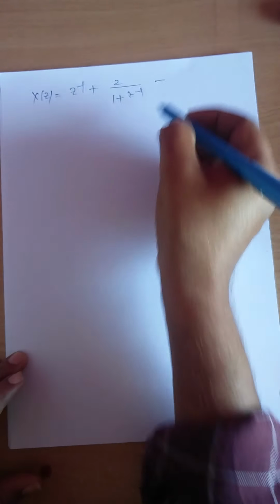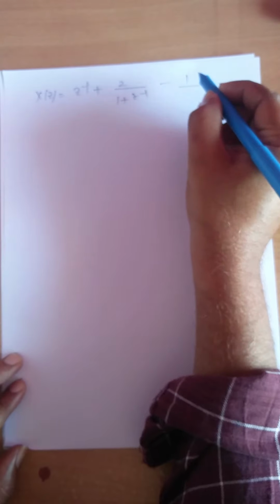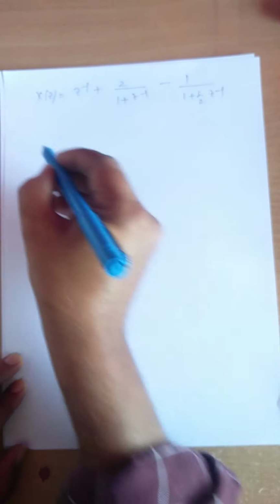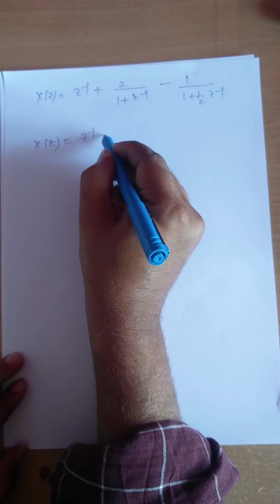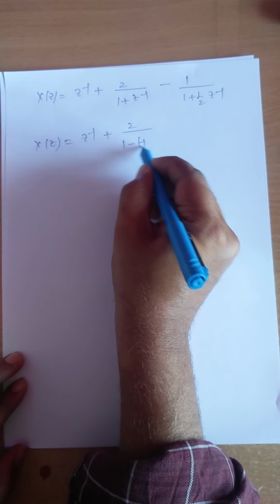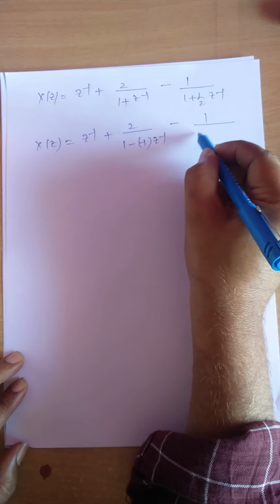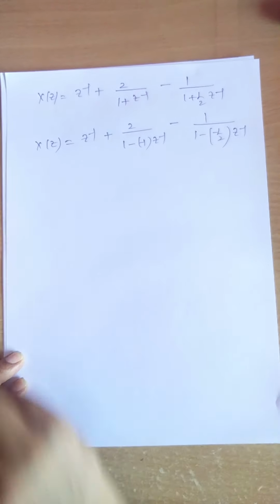This will be 1 divided by 1 plus 1 by 2 z inverse. I will make a small modification here: z to the power of minus 1 plus 2 divided by 1 minus of minus 1 z to the power of minus 1 minus 1 divided by 1 minus of minus 1 by 2 into z to the power of minus 1.